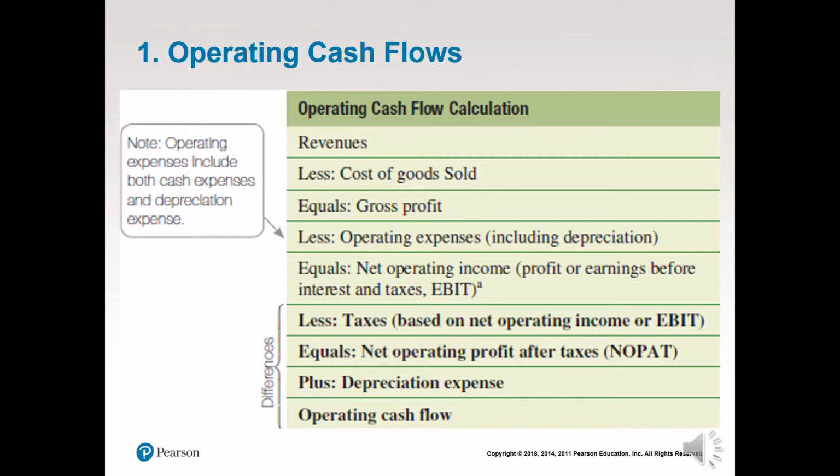There's two things that are very important for you to remember. The first is that depreciation expense must be added back into the operating cash flow. Depreciation expense, you'll remember, is an adjustment that we make.